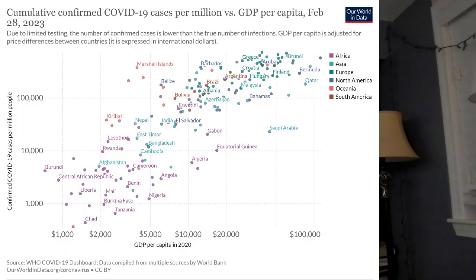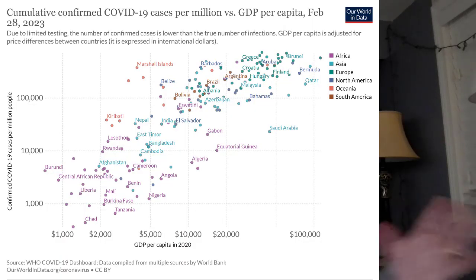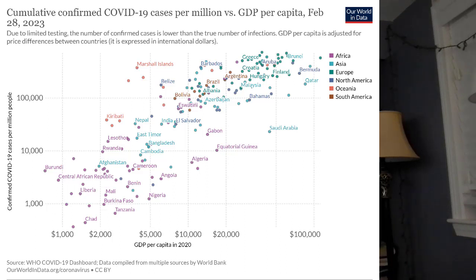So the World Health Organization says in this graph that you can see here, which is provided to us by Our World in Data /coronavirus. You can find this in other tables there, but it's data from the World Health Organization.